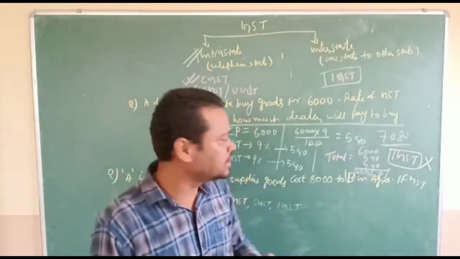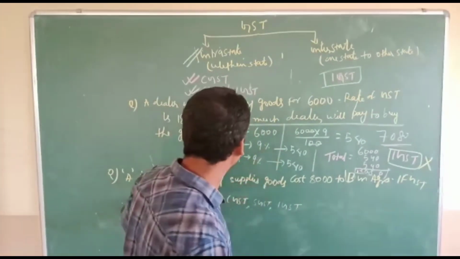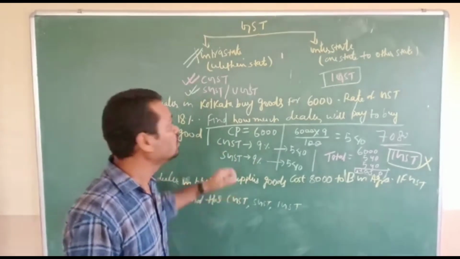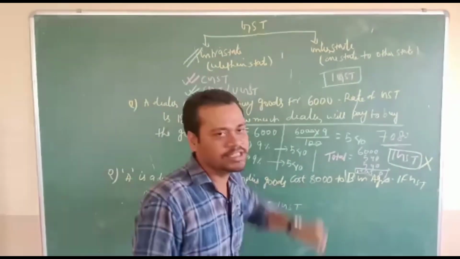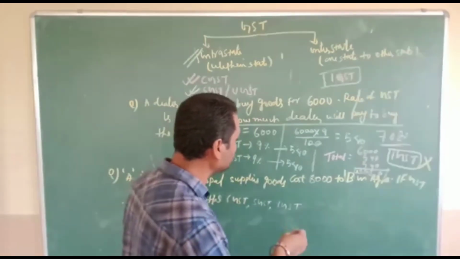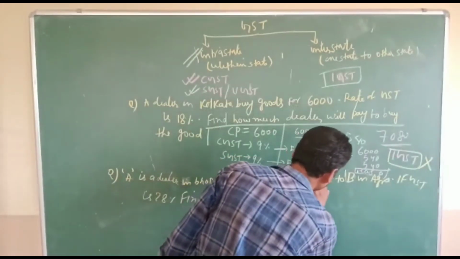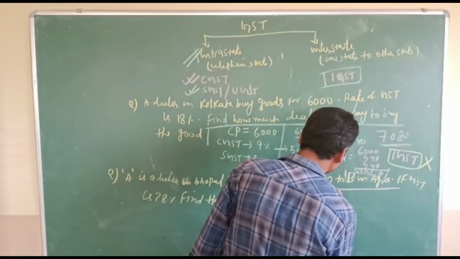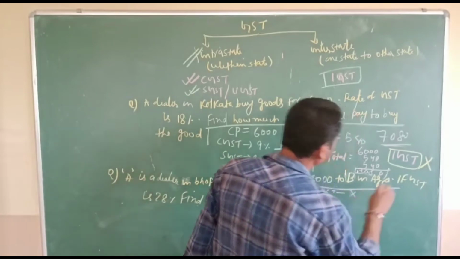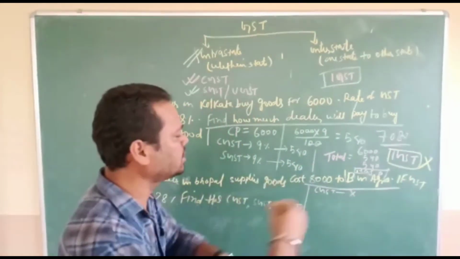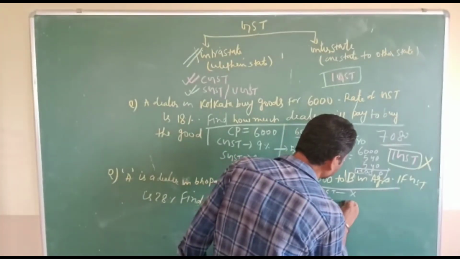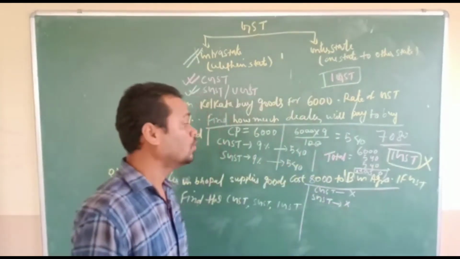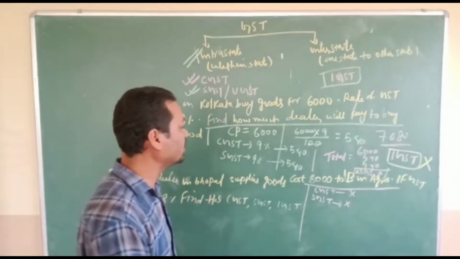So when movement is interstate, you don't need to pay CGST, you don't need to pay SGST, the only thing you need to pay is IGST. So first thing, what you should write is, in this case CGST is how much? Nothing, because movement is interstate. SGST is also nothing, you don't need to pay. What you need to pay though? You need to pay IGST.